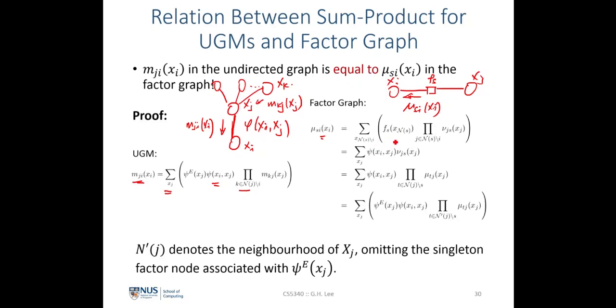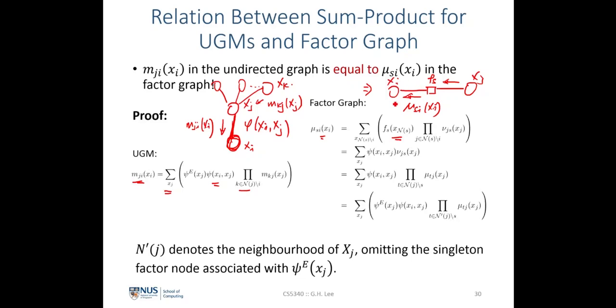We marginalize this over the factor fs, which consists of all the other random variables in its neighborhood, multiplied by all the messages coming into the factor node fs from other random variables, which we generally call xj, where j is in the neighborhood of fs except for i itself.